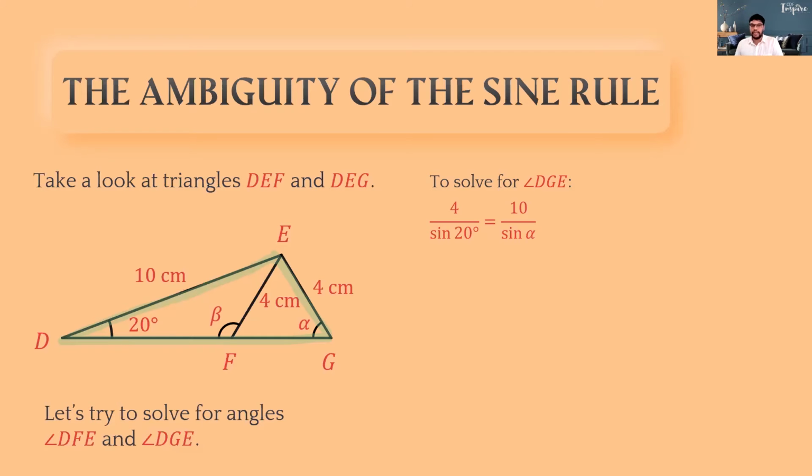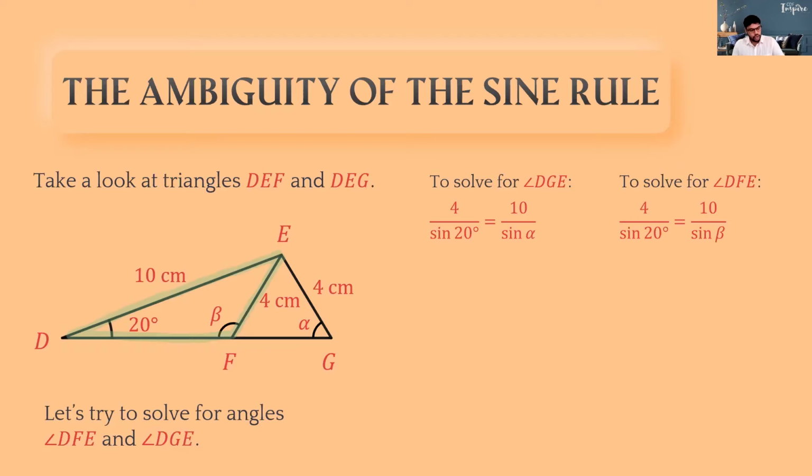Okay, 10 divided by sine alpha. Then children, if you take the smaller triangle to find beta, so again you have 4 divided by sine 20, right, equals 10 divided by sine beta, right? Side length over opposite angle.